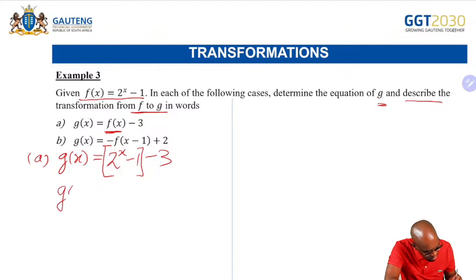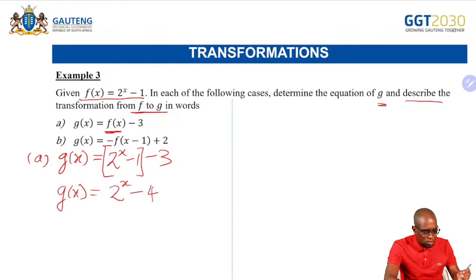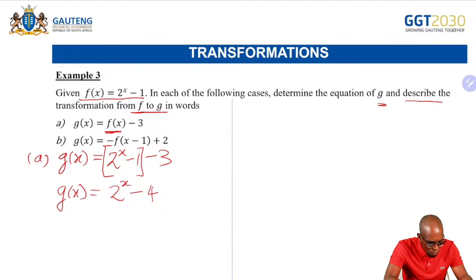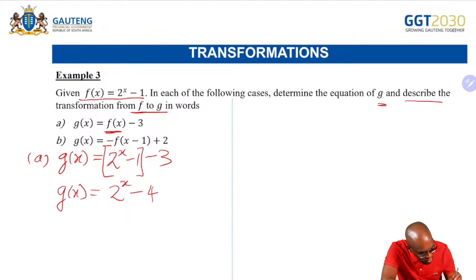Now, if I simplify this, I get that g of x would be 2 exponent x minus 4. Now, what happened there? What happened to f? Remember now, f was 2 to the exponent of x minus 1. What is g now? g is 2 to the exponent of x minus 4.